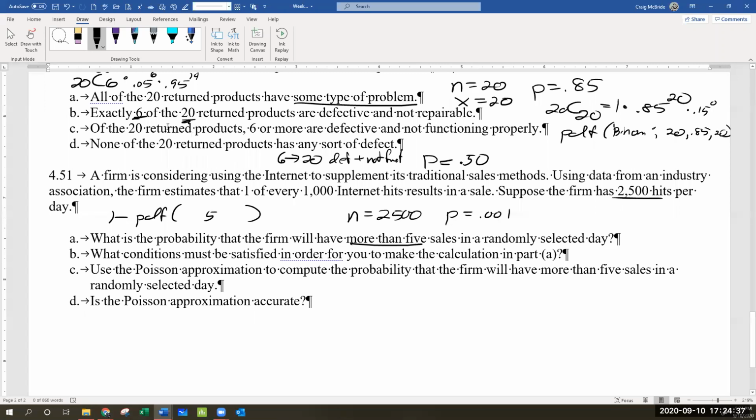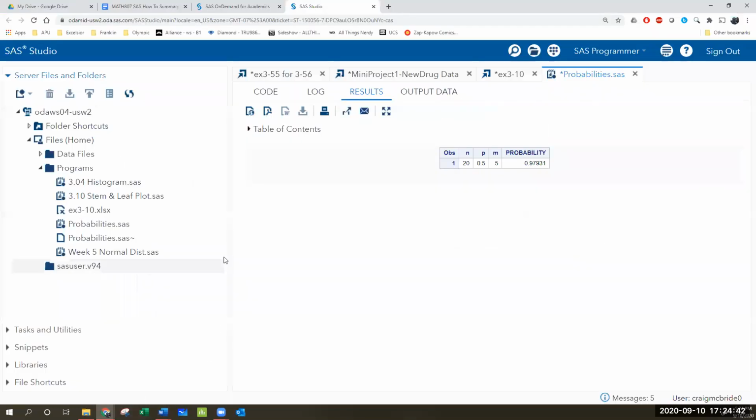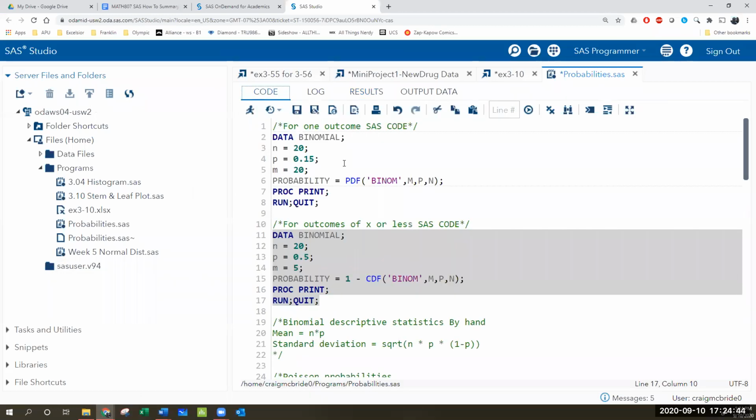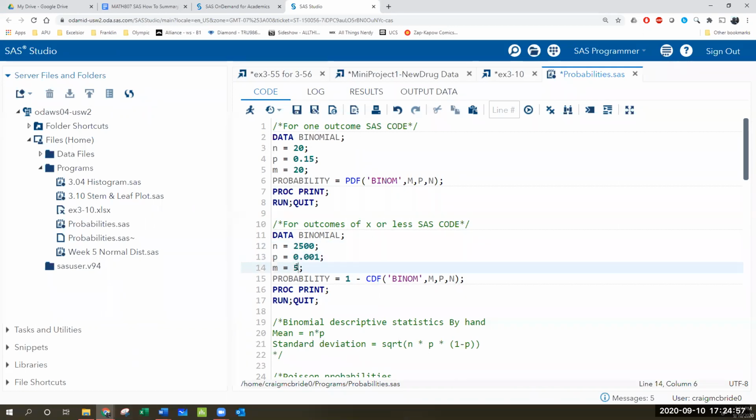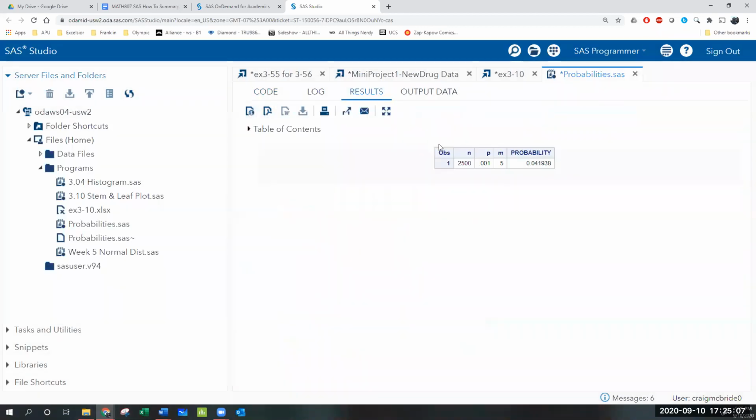So we do the same thing we did with part C, only now with hugely different numbers. We still add up the first 5 and take 1 minus that. If we do this one, there's our answer for part A.